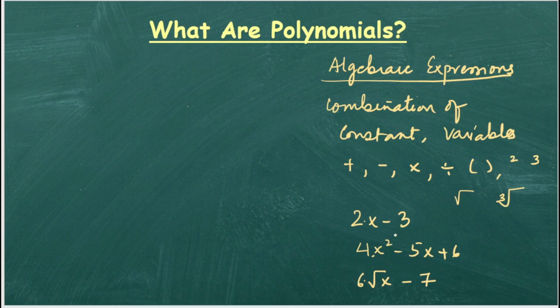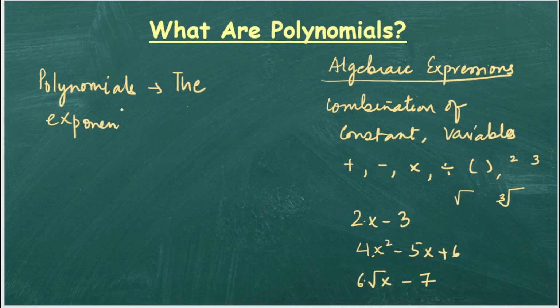Now, from these algebraic expressions, we can have an idea of polynomials. Okay. Now, polynomials are just the algebraic expressions, of course, but what is the difference between polynomials and algebraic expressions? Over here, the exponents of the variable must be a positive whole number.